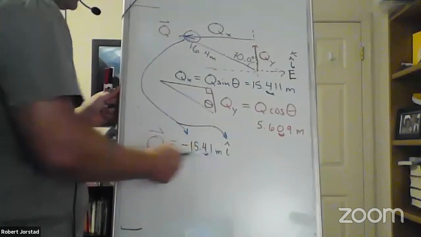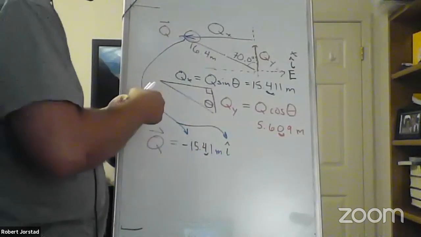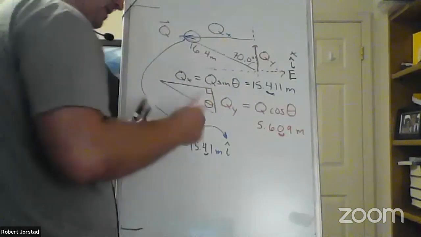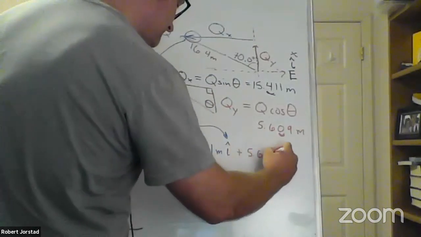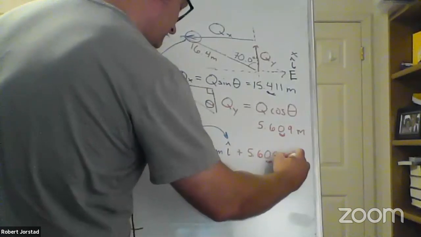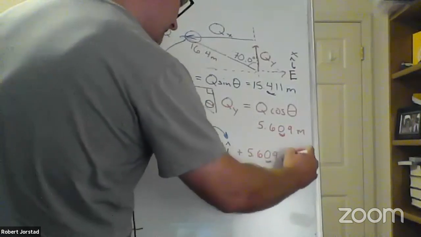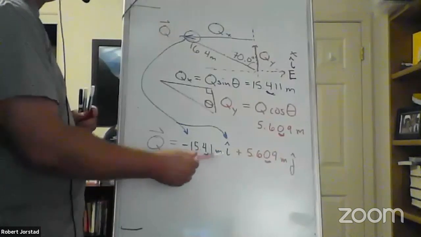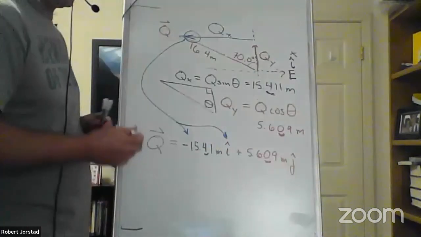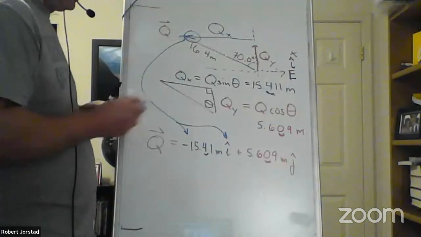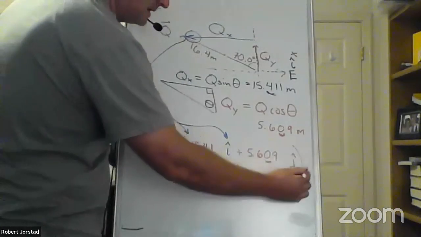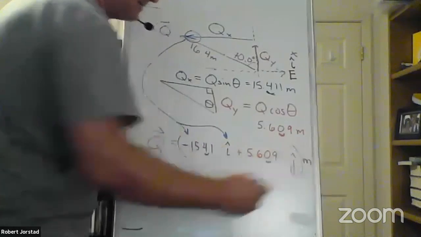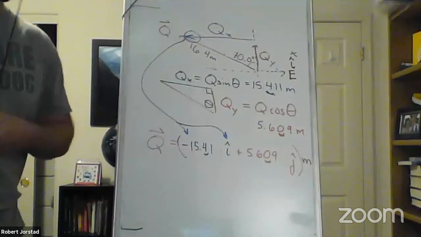That's where the minus i hat comes from. And then we have a plus j hat. And if you wanted to, you could factor out the meters and stick the meters out here at the end. And so that's our first vector.